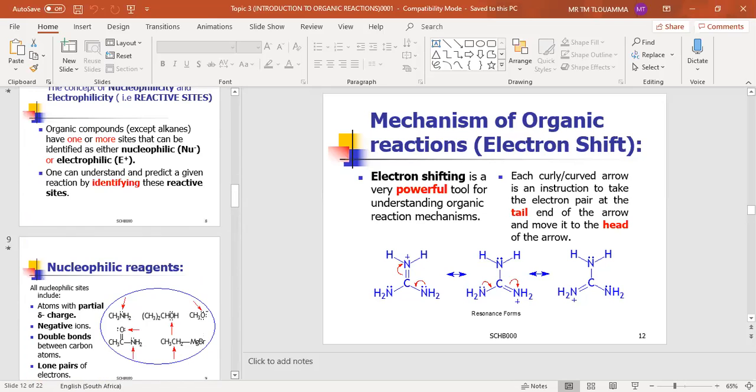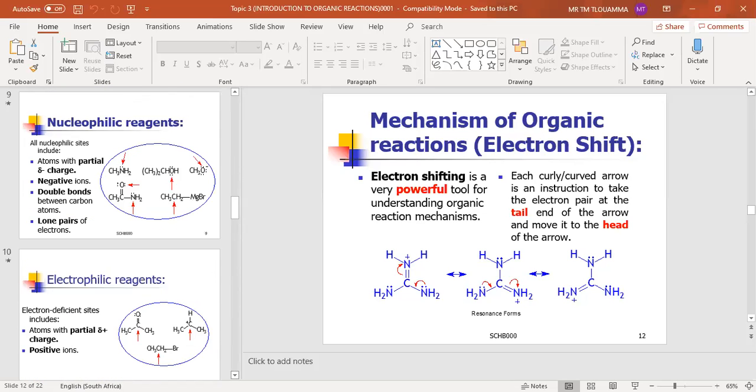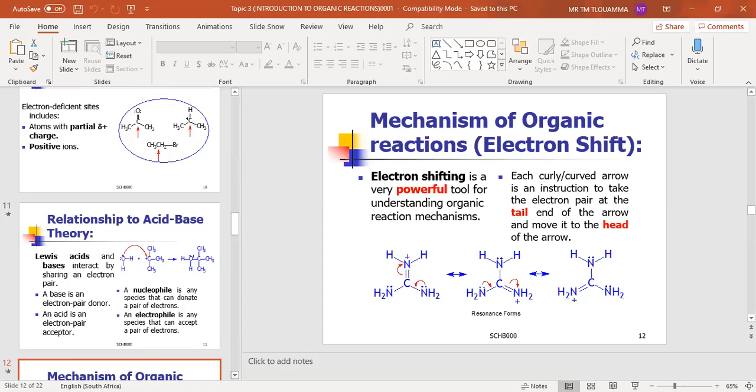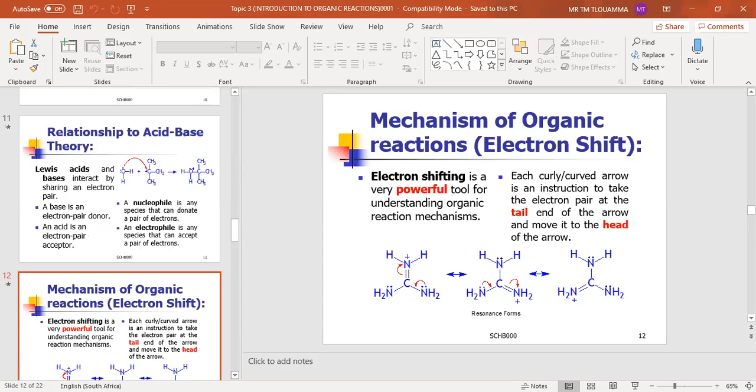Tomorrow we will have another session and continue from the mechanisms, whereby we're going to learn electron shifting, because this mechanism will occur throughout when you do the chapter on alkenes and alkynes. So the mechanism will be everywhere. If you don't get the mechanism here, it's going to be difficult for you throughout. The mechanism is very important.